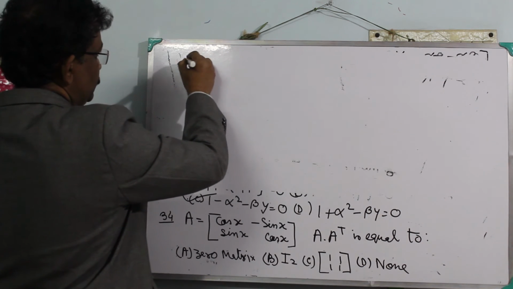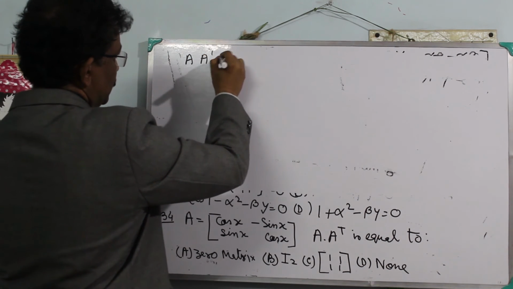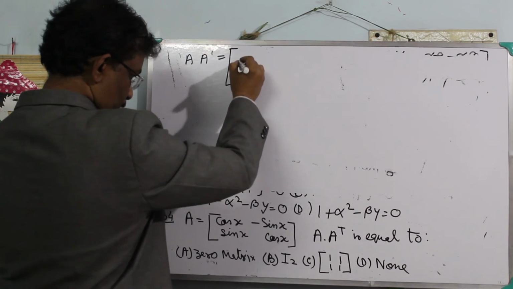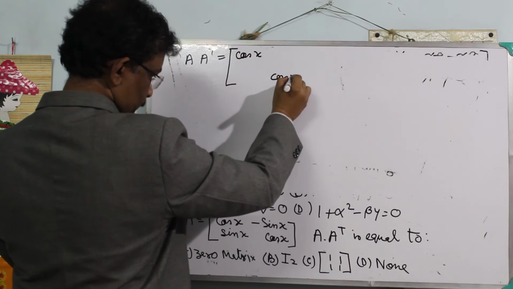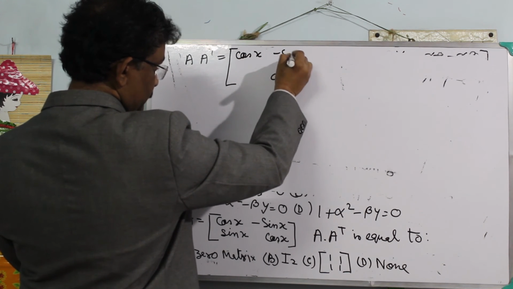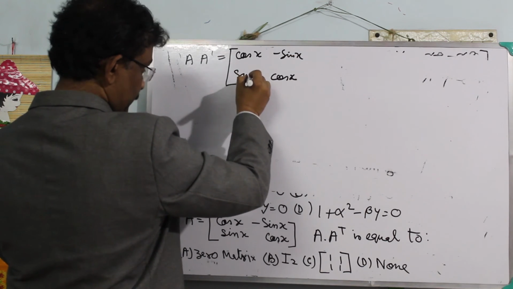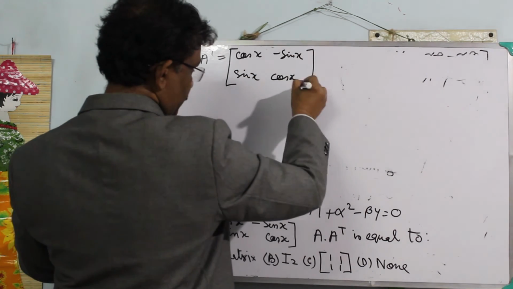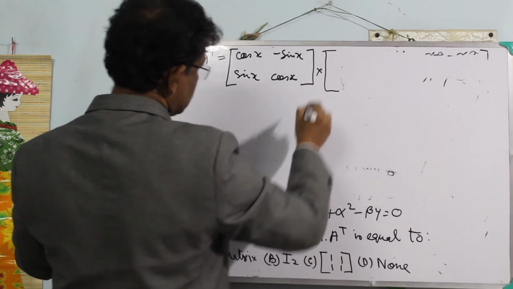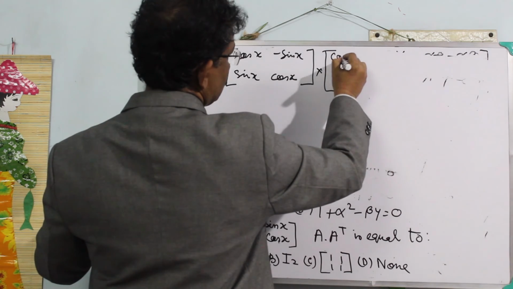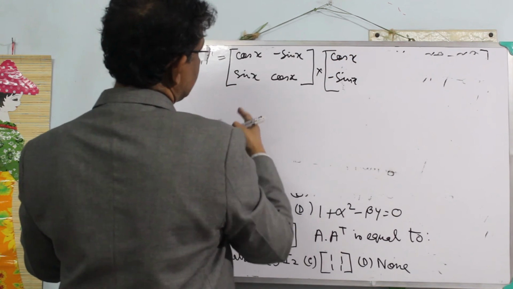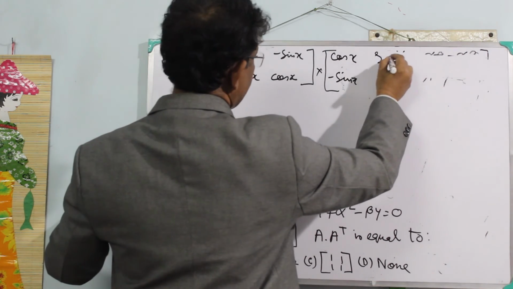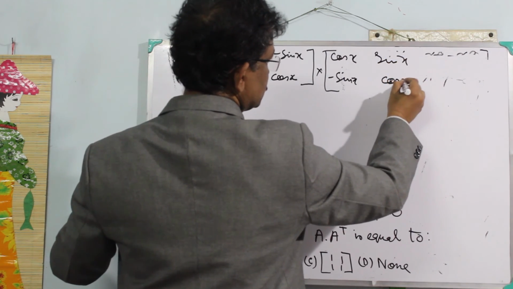So A into A transpose equal to cos x minus sin x, and its transpose cos x minus sin x, cos x.